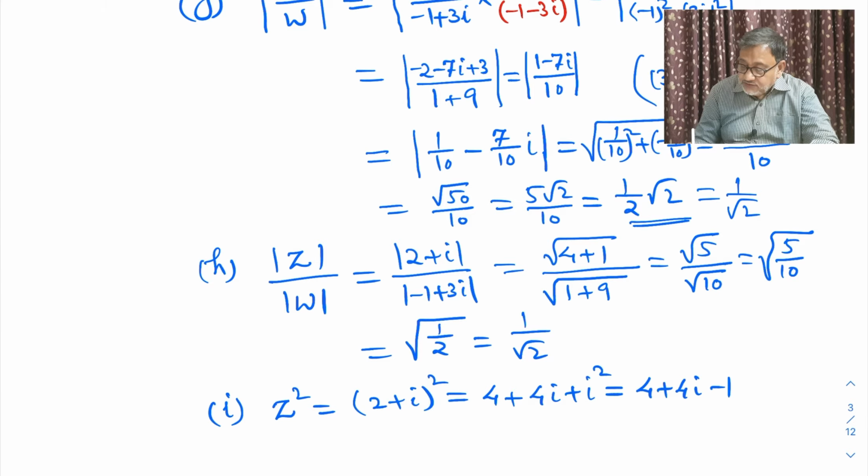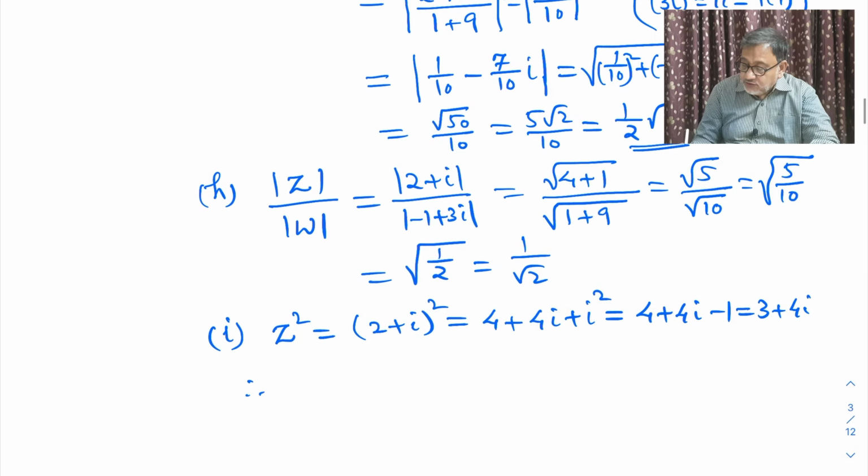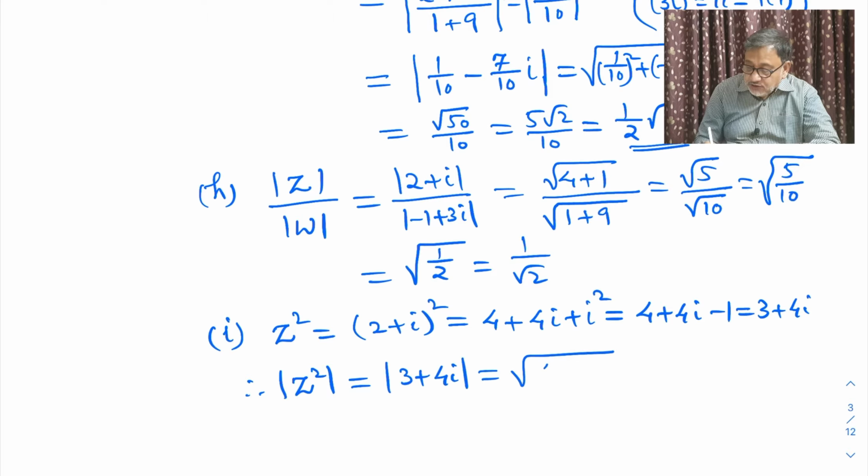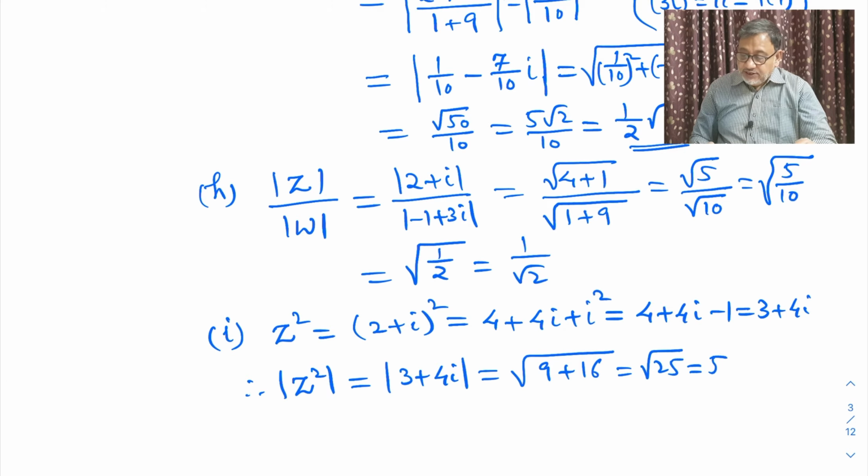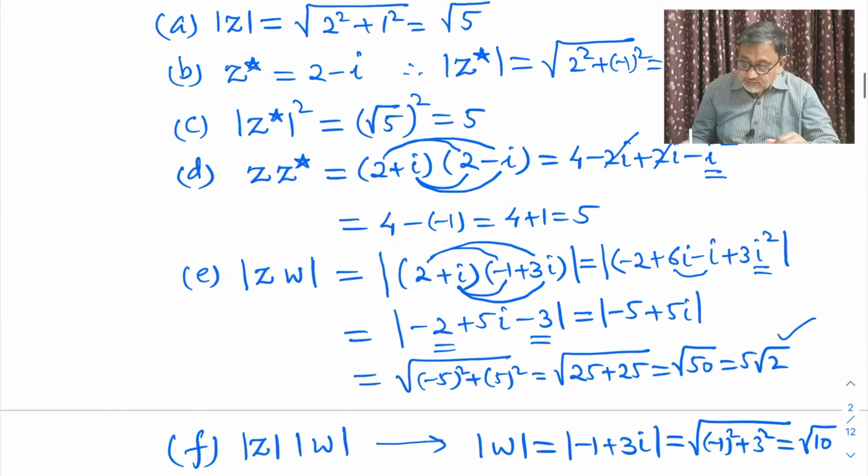So 4 plus 4i, i square is minus 1. So 4 minus 1, 3 plus 4i. Therefore, modulus of z square will be modulus of 3 plus 4i, which will be square root of 3 square 9, 4 square 16, 25, which is going to be 5. Like this we get the answer of modulus of z square.